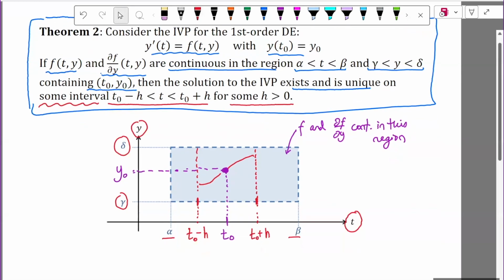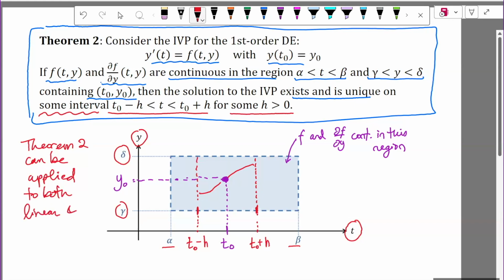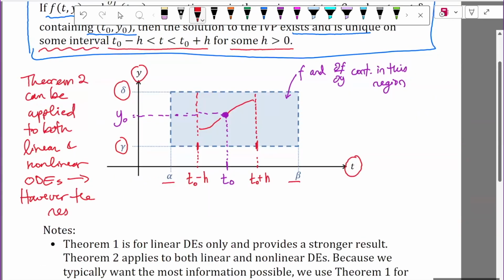In some sense, the theorem is weaker because it doesn't tell us exactly where the solution exists, but it's more general because it includes both linear and nonlinear ODEs. So theorem 2 can be applied to both linear and nonlinear ODEs. However, the result is a bit weaker in that we don't really know exactly where that interval of existence is. We just know that there is one.